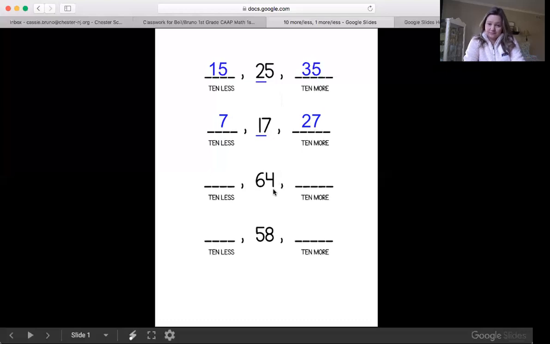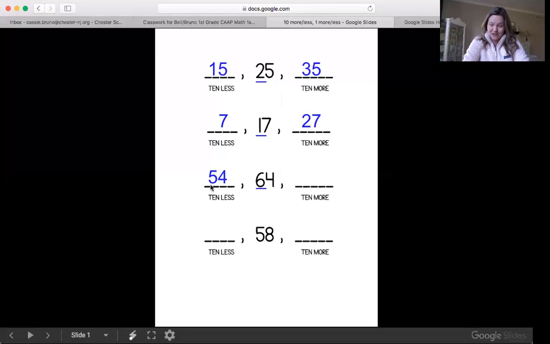Let's look at the next one. Which digit are we going to look at here? We're still talking about 10 more and 10 less. So we're going to look in the tens place. And if you said the 6, you are correct. The 6 is in the tens place. So let's think 10 less. Remember, this is the only digit that's going to change. 54.